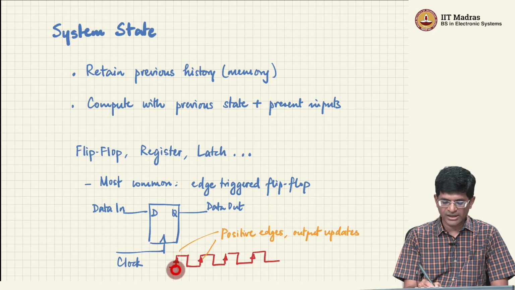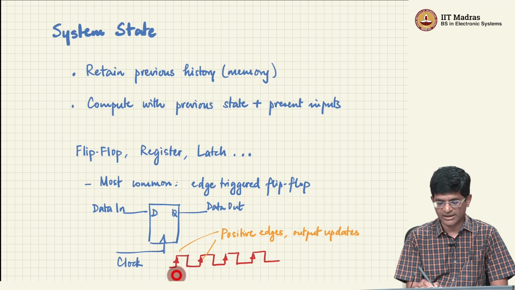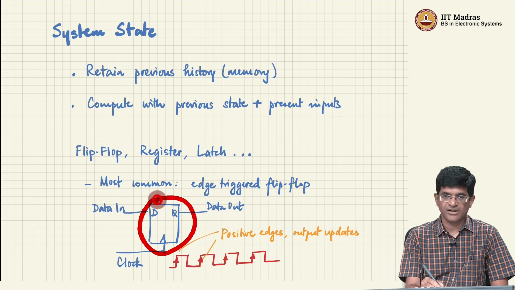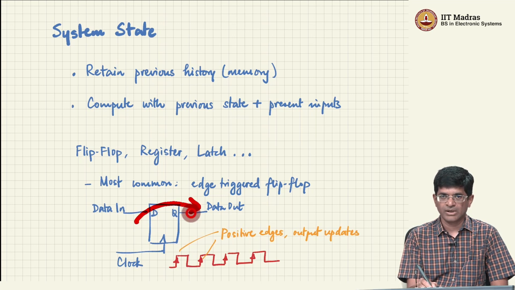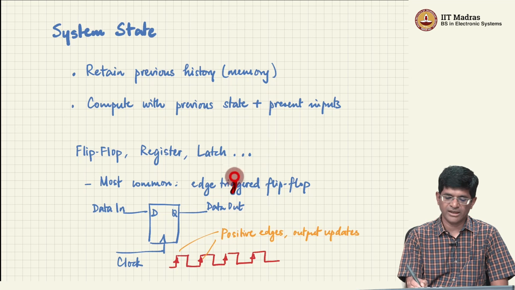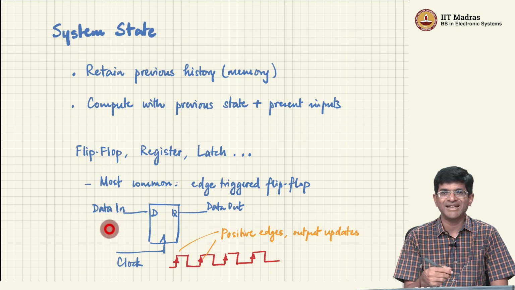Now, when the clock transitions from 0 to 1, we consider that as a positive edge, and therefore we are interested in how many such positive edges occur per unit time in the system, because on each of those positive edges, this register allows some data to go through from input to output, and once it is at the output, it can then be used by the combinational logic for a new evaluation, which will in turn make its way back over here and update the state of the system.